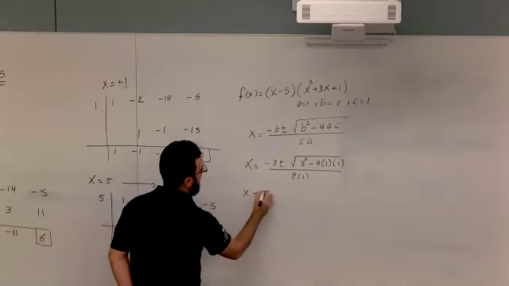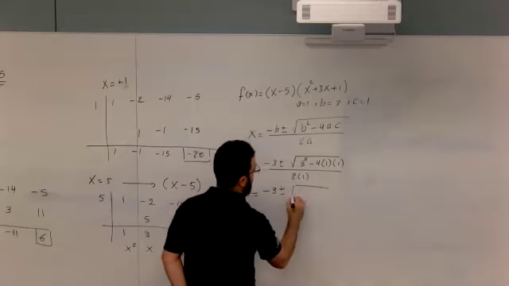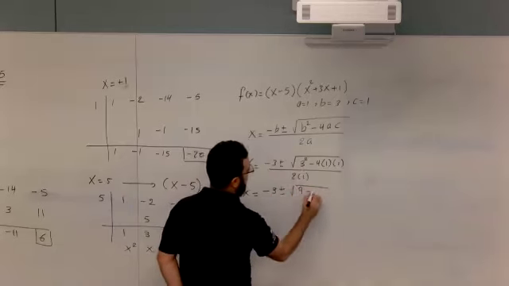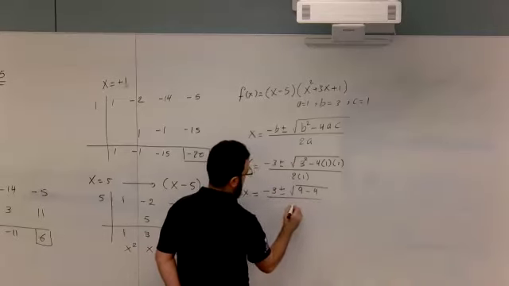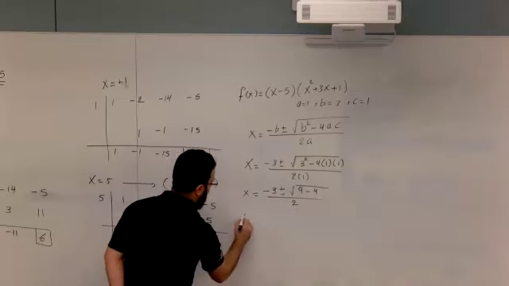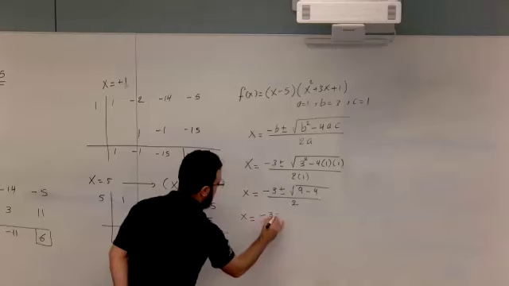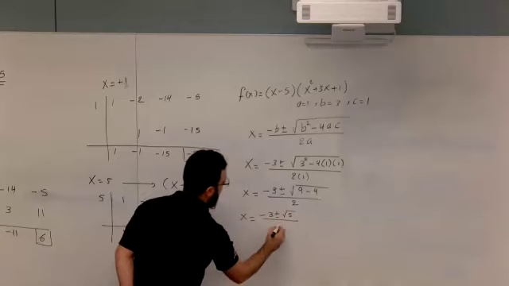So x is going to be -3 plus or minus the square root of 9 minus 4, divided by 2. So x is going to be equal to -3 plus or minus the square root of 5, divided by 1.